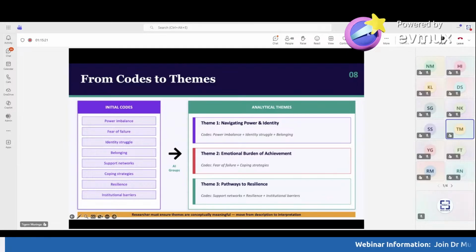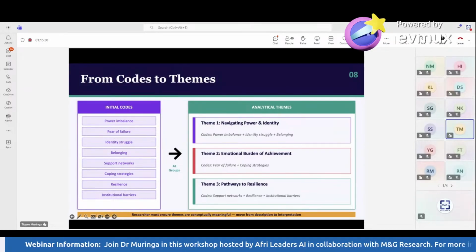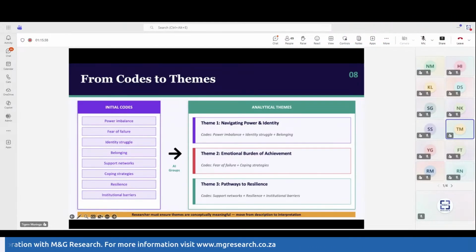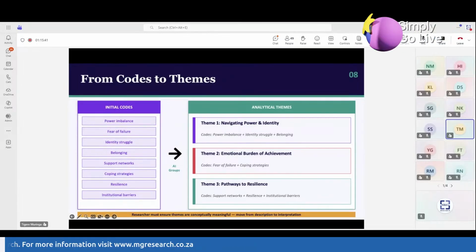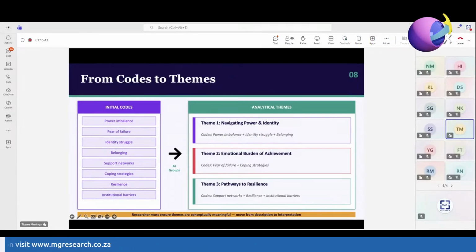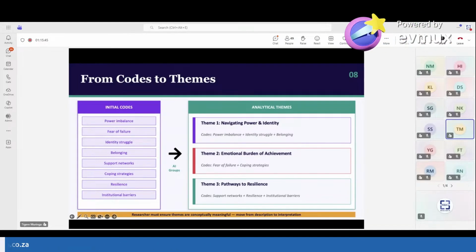Because if you don't know how to do the thematic analysis, you would not know how to conduct the same on an AI platform. So we should never replace the fundamentals of traditional thematic analysis. What AI platforms do is increase the speed of doing what we already know, right?